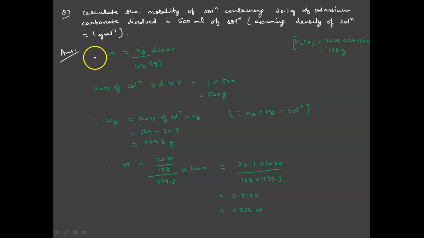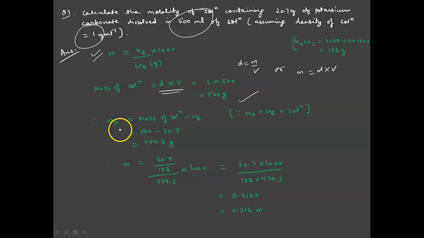So what is the molarity formula? Remember, NB upon WA if in gram, so multiply 1000 in the numerator. Now comes mass of solution. You know the formula, density equal to mass upon volume. So mass is density into volume. So using this formula, density is 1 in the question and 500 gram. This is given in question, 500 gram.